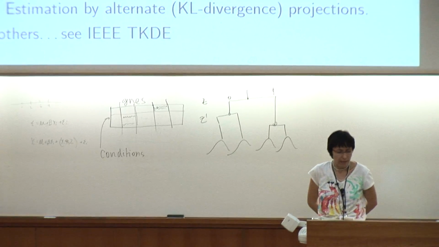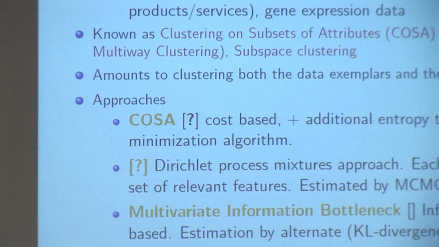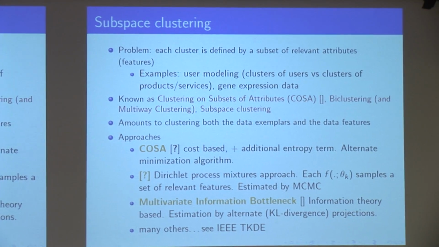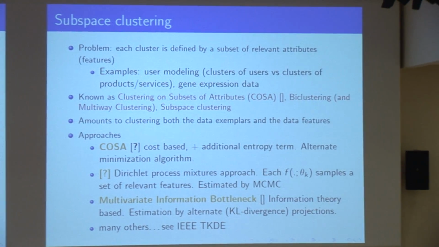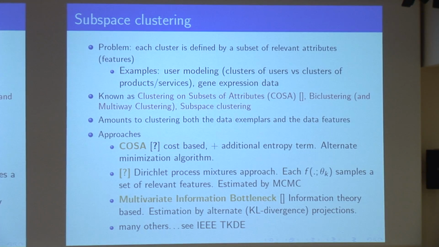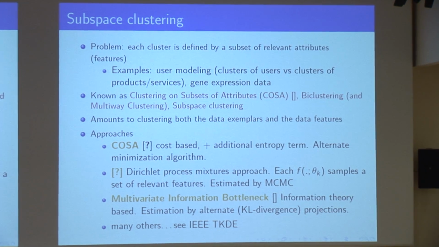Okay. And here are a few of the approaches, and really only a few because I don't even know all of them. There are many others, and Transactions on Knowledge and Data Engineering is the primary place to look for references there. But you can equally well look for references by the names, because the clustering community is clustered itself.